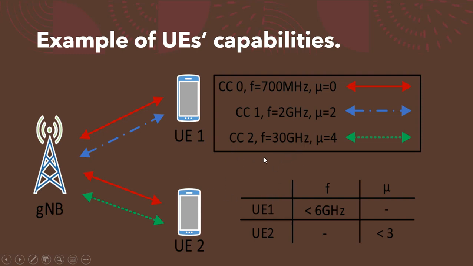For instance, UE1 only supports numerology less than 3, and UE2 supports numerology greater than 3, with frequencies below 6 GHz. According to the configuration, UE1 can be served by the gNB using CC0 and CC1, whereas UE2 can be served using CC0 and CC2.